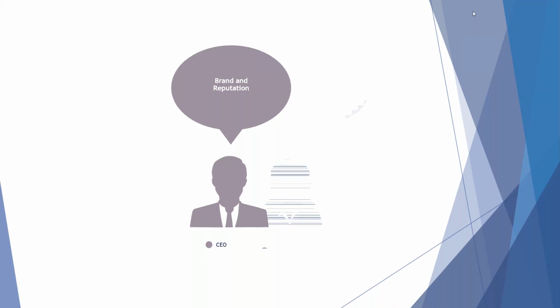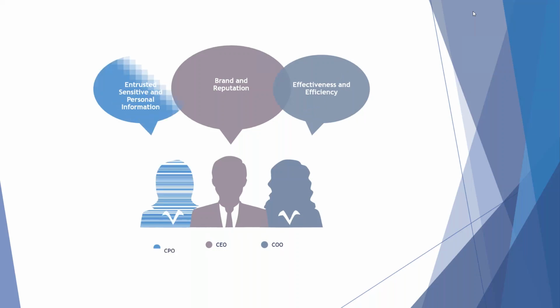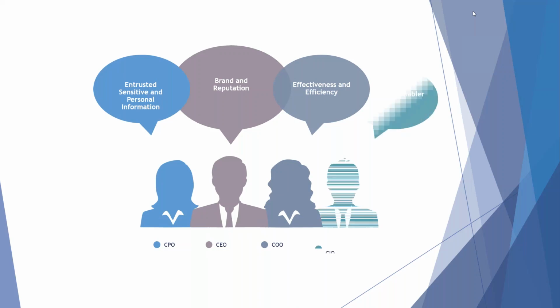So from the CEO perspective, it's all about brand and reputation. If you have a breach, what's going to happen to you? From the Chief Operations Officer, it's all about effectiveness and efficiency of your operational environment. From the Chief Privacy Officer, it's about entrusted, sensitive, and personal information handled by your organization.